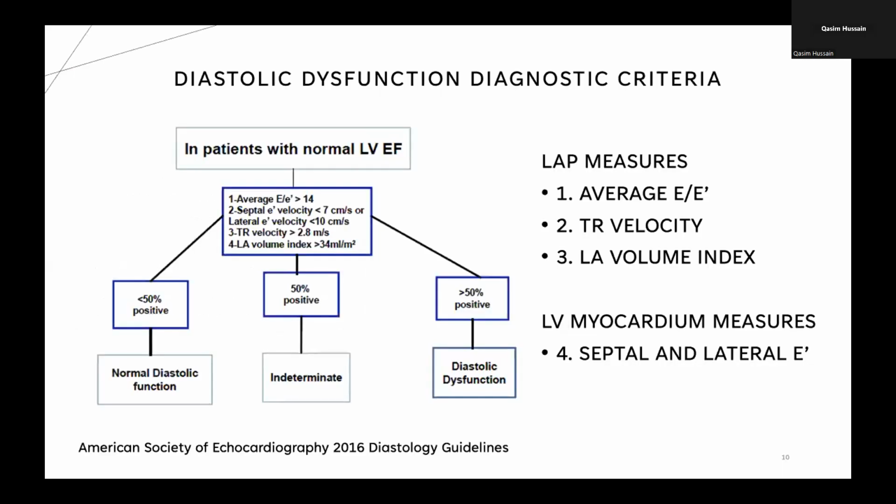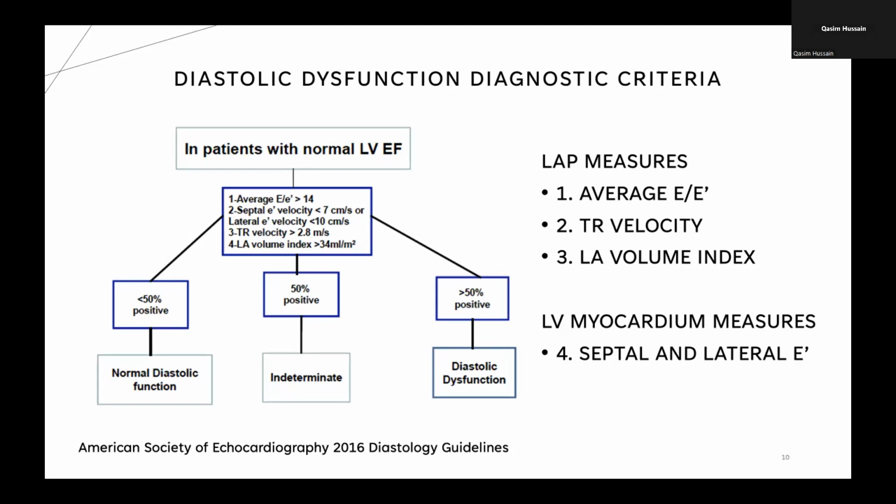So now this brings us to the diastolic dysfunction diagnostic criteria per the American Society of Echocardiography guidelines in 2016. In patients with normal LVEF, you obtain all the measurements I mentioned previously, and there are about 12 to 15 measurements that you can take to help you elucidate this, but they boiled it down to these 4 to optimize the sensitivity and specificity.